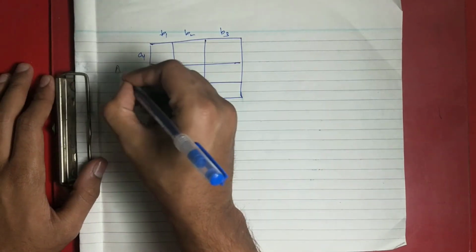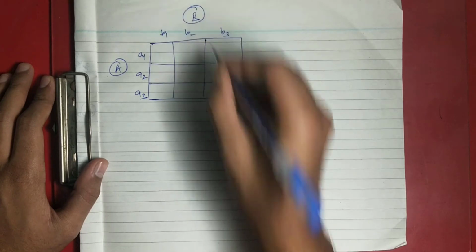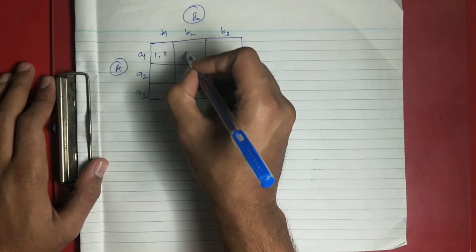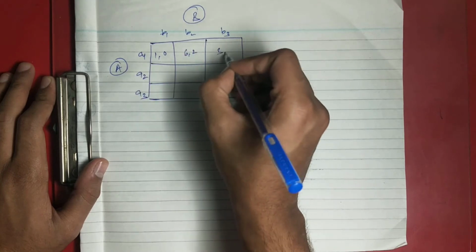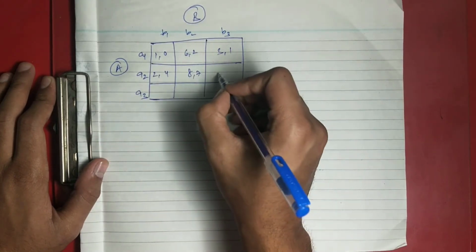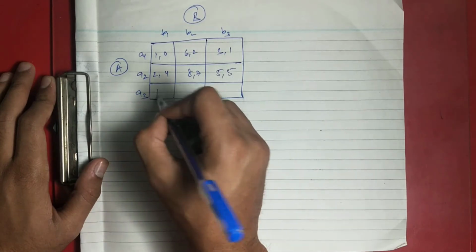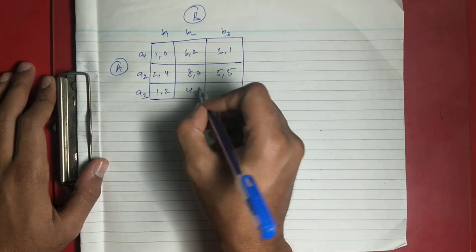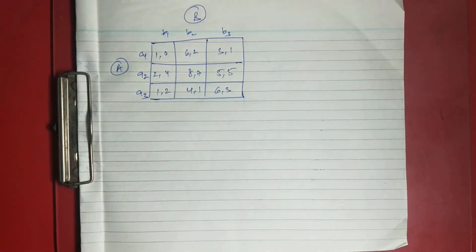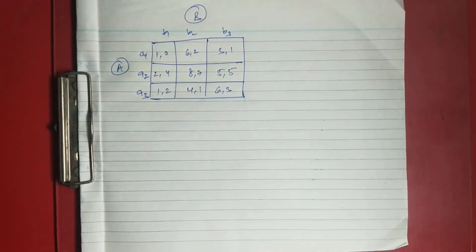This is A and this is B. The matrix is such that I am randomly putting numbers: 3 1 2 4 8 7 5 5 1 2 4 1 6 3. So how will you solve this question by the mixed strategy?